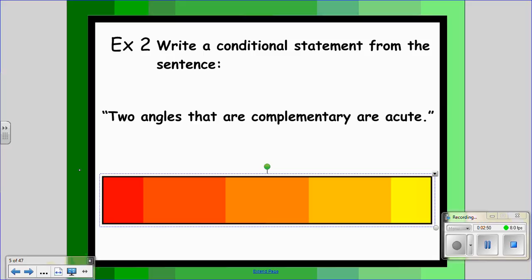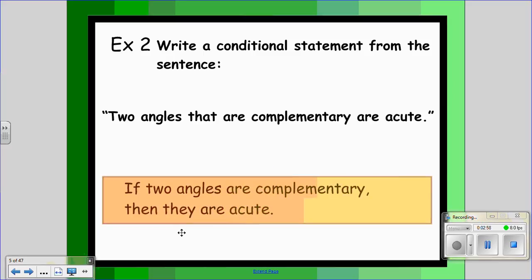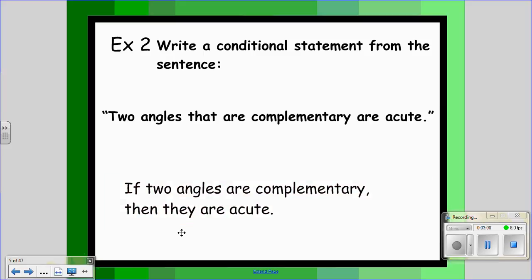So for this example, I decided to write, if two angles are complementary, then they are acute. Again, the only words I added were if, then, and they. So I didn't alter the meaning of the statement, but I did have to add a few words to make it grammatically sound.